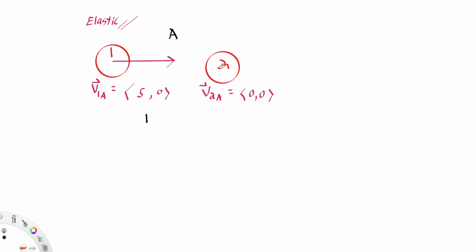We also need to consider after the collision. So after the collision, ball 1, your cue ball, goes off this way.